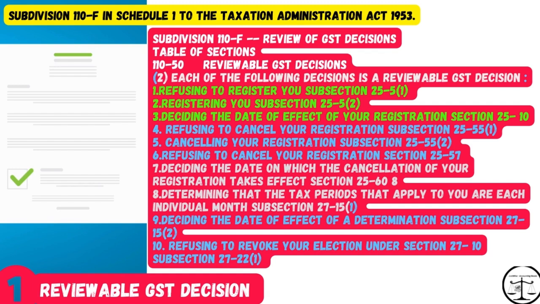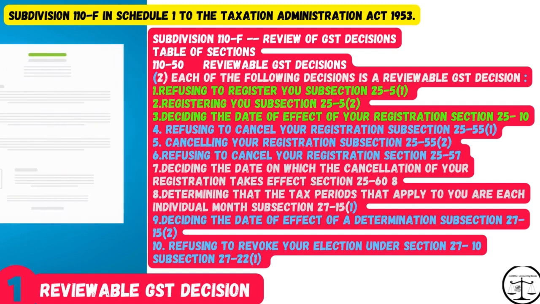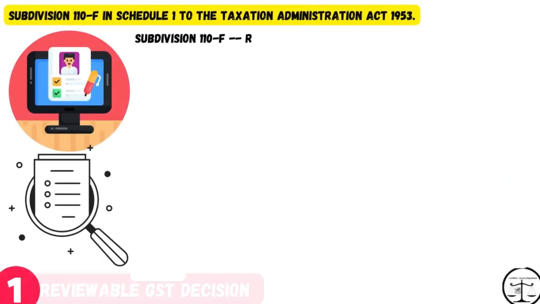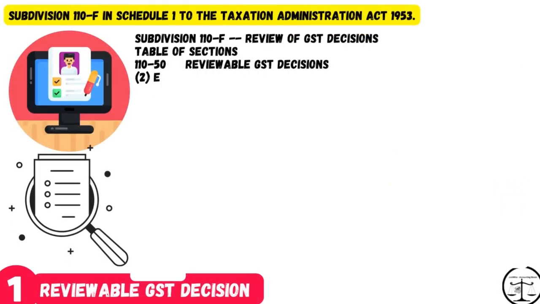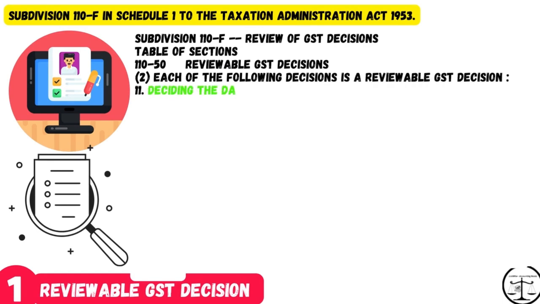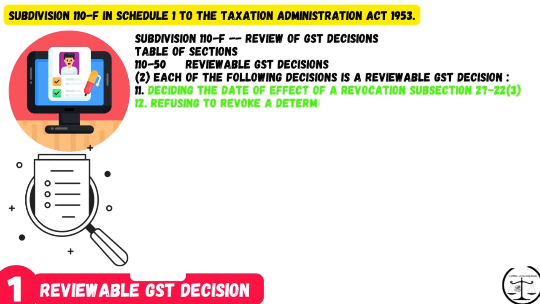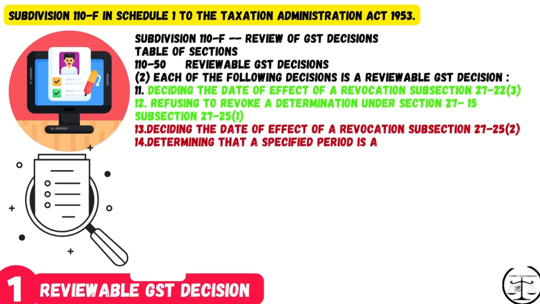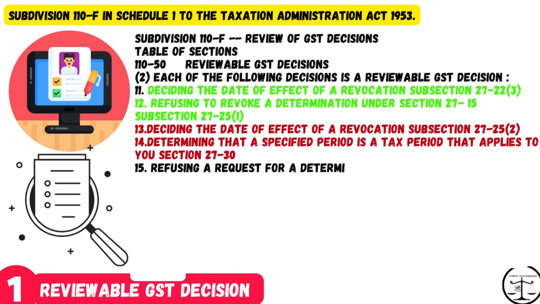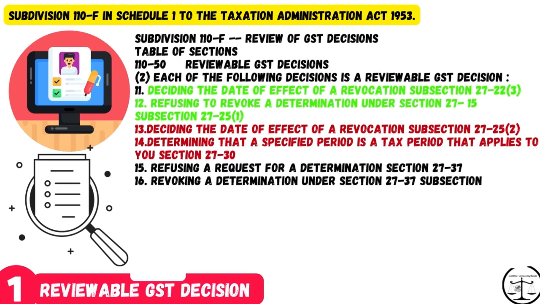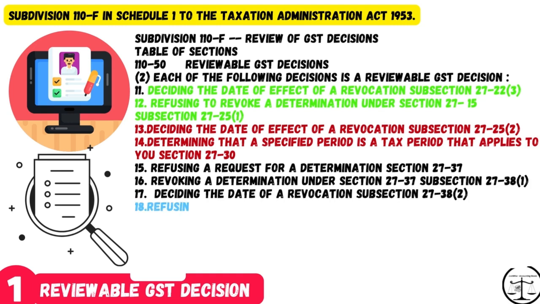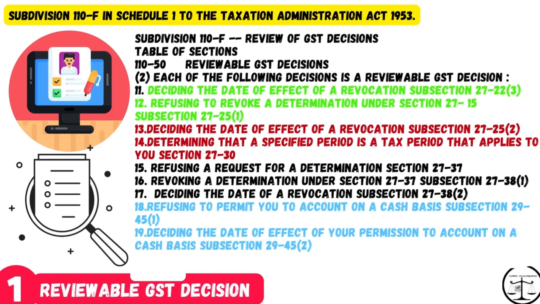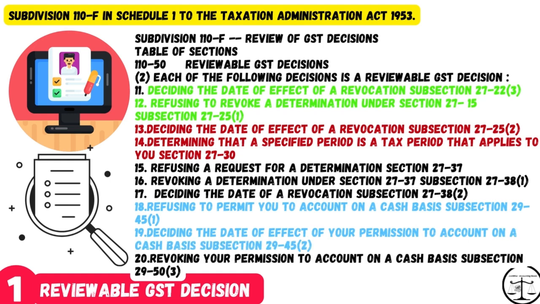10. Refusing to revoke your election under section 27-10, subsection 27-22(1). 11. Deciding the date of effect of a revocation, subsection 27-22(3). 12. Refusing to revoke a determination under section 27-15, subsection 27-25(1). 13. Deciding the date of effect of a revocation, subsection 27-25(2). 14.